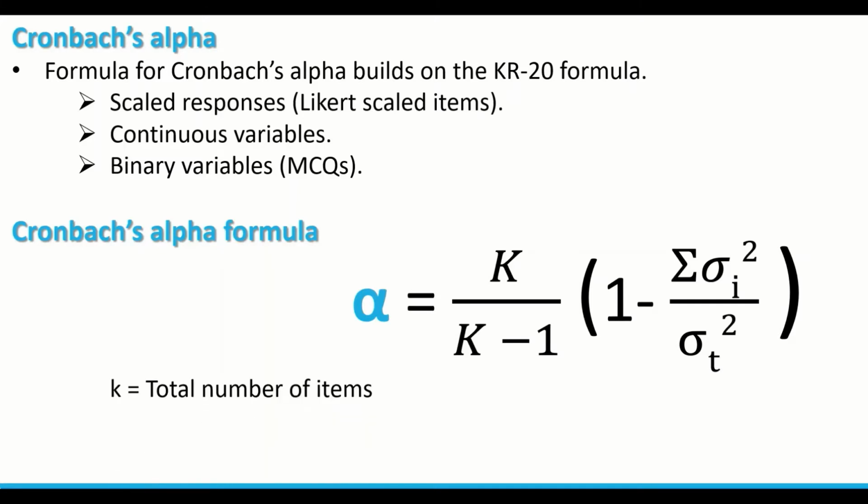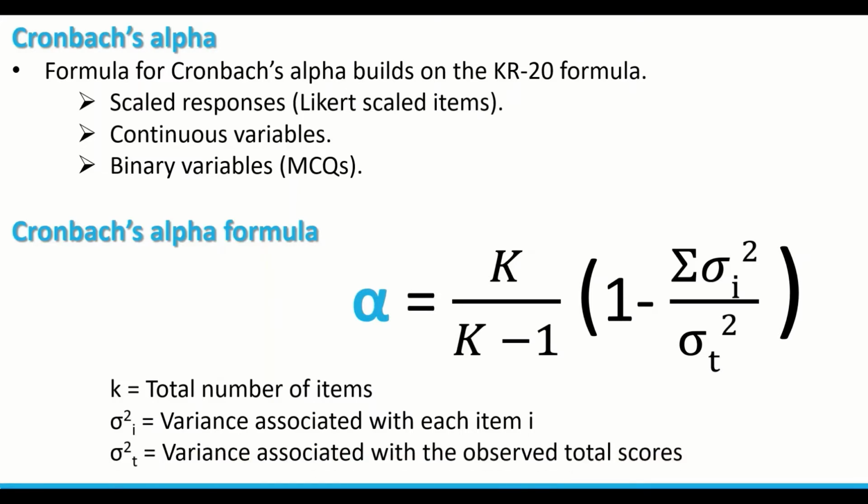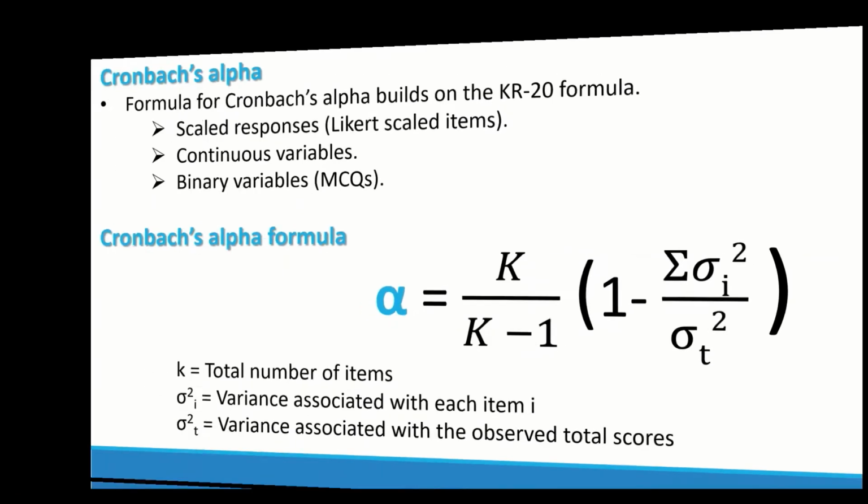From this formula, k represents the total number of items, and the variance i represents the variance associated with each item, and the variance t is the variance linked to the observed total score.